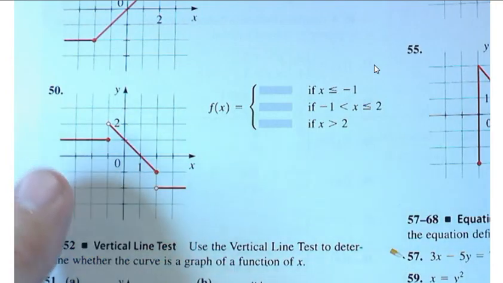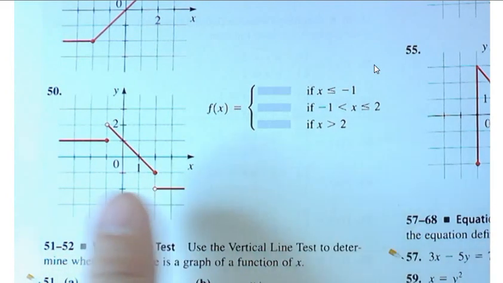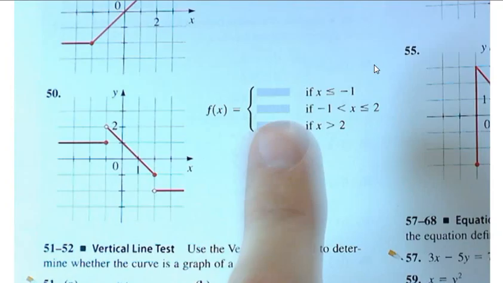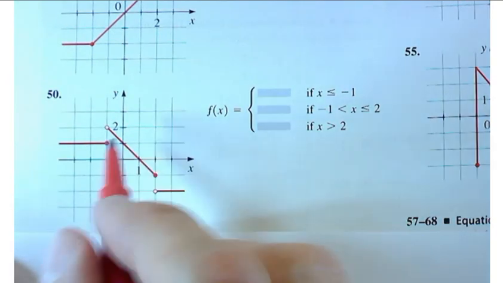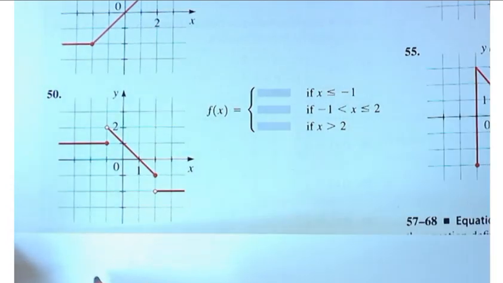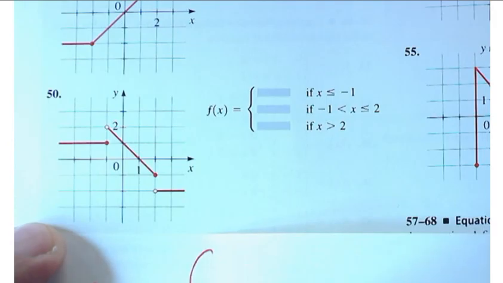Now I'm thinking that a couple parts of these are going to be pretty straightforward. For instance, what's the function that I'm going to fill in to the left of -1? Yeah, there you go. So to the left of -1, I'll have f of x equals 1.